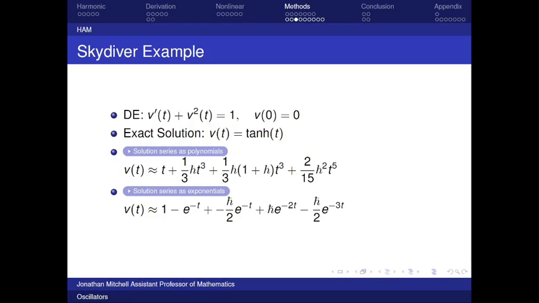The basic idea is we are going to still expand the velocity as a series, but in a different way, and maybe we want to expand it as a certain form of function. There are times you can use the HAM to expand it as polynomials, which is not a great choice, because what happens at the ends of polynomials? You guys know what happens at the far left and far right of a polynomial?